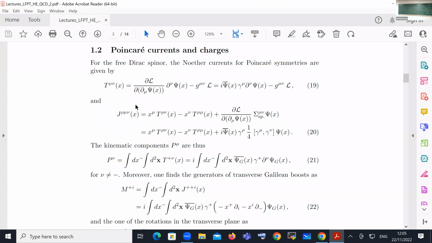For the current associated with the Lorentz transformation, in addition to this orbital type term, we have also the extra term associated with the transformation of the spinor here, and that's the thing I was telling you yesterday morning. Okay, we have this. So this is basically the 1/4 of this commutator.